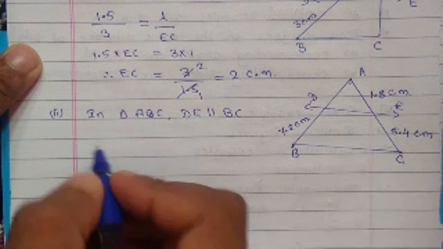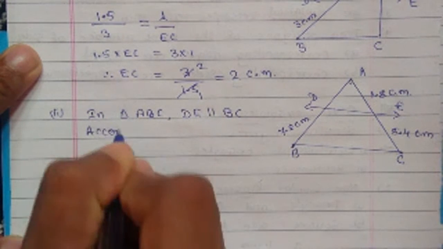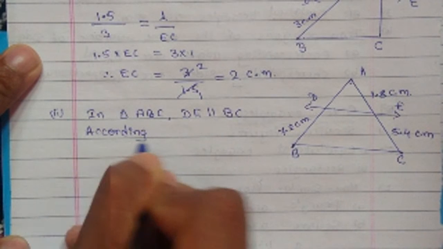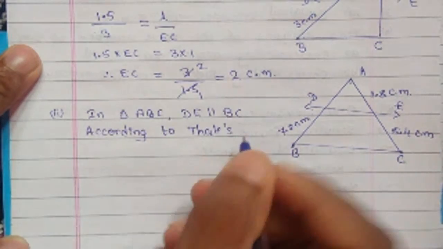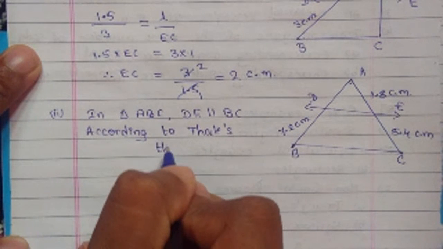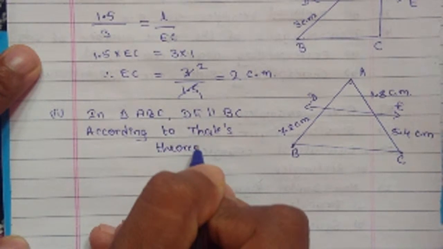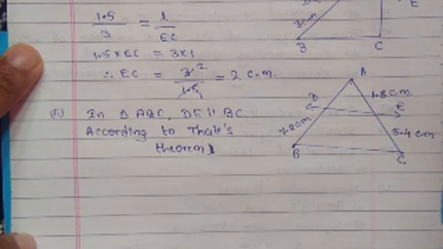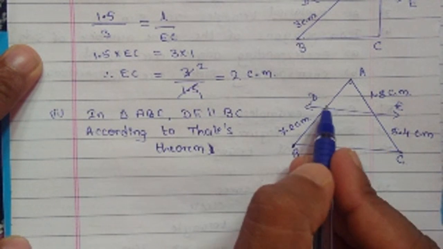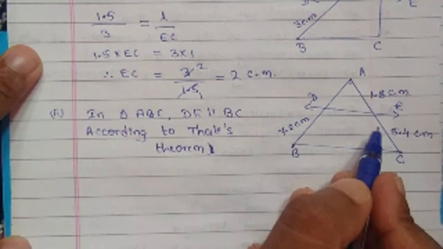Then according to Thales' theorem, or you can write according to the basic proportionality theorem, you can write any one. So what is here? AD divided by DB is equal to AE divided by EC.